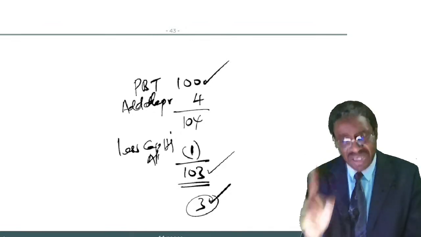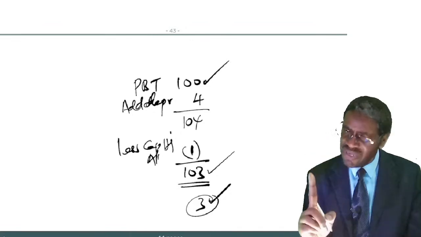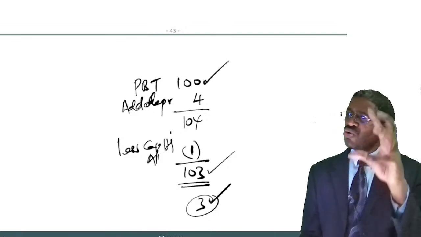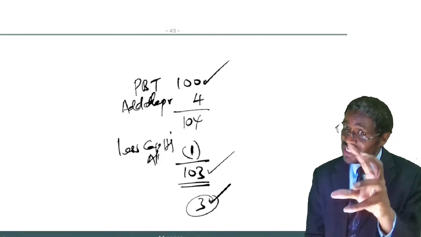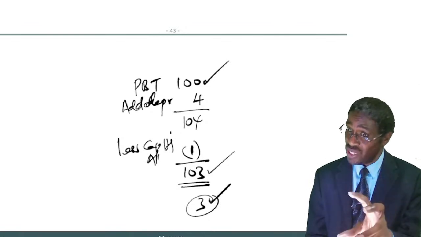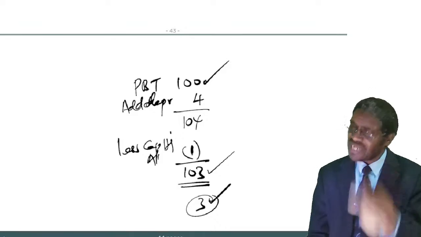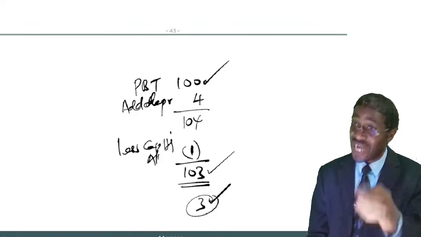To the taxman, that 3 million is taxable. While you thought you will pay on 100, the taxman says you will pay on 103. So from the taxman's point of view, that 3 million is still taxable.